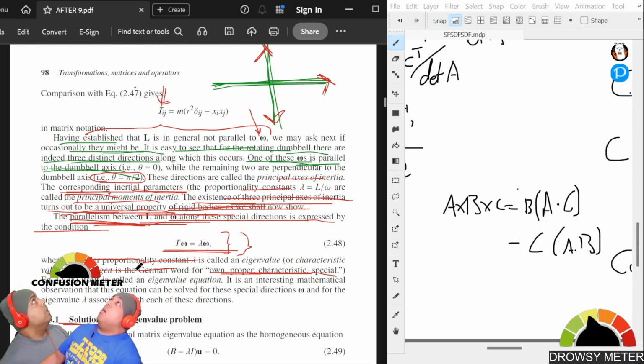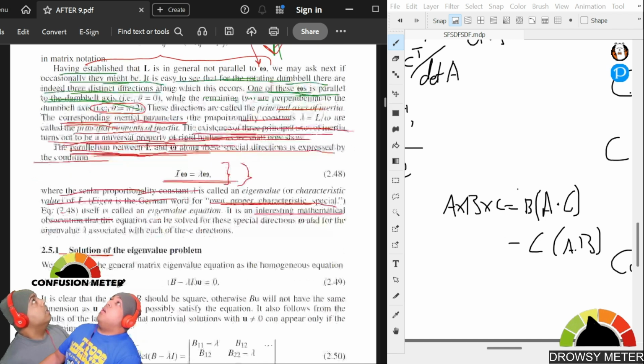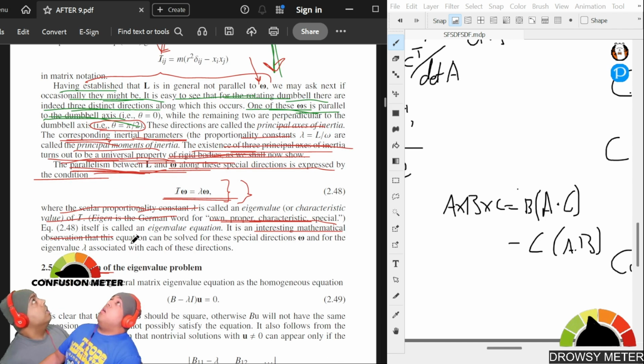This is called an eigenvalue equation. It's an interesting observation that this can be solved for these special directions, omega, and for the eigenvalue associated with each of these directions.